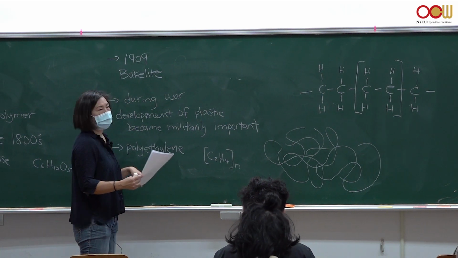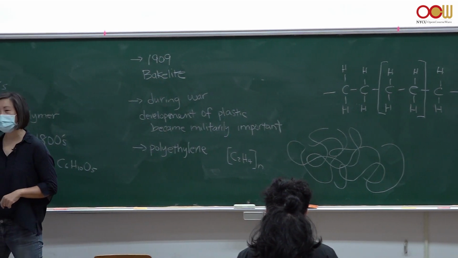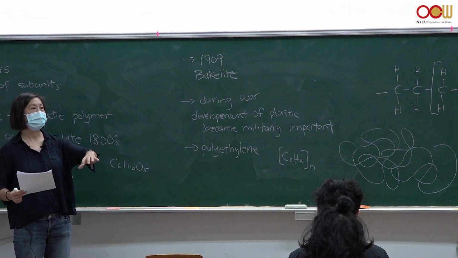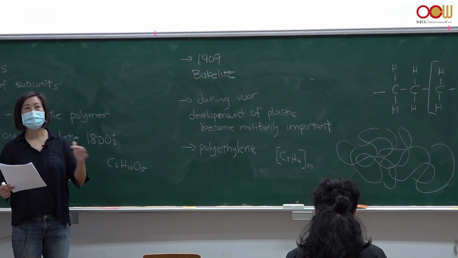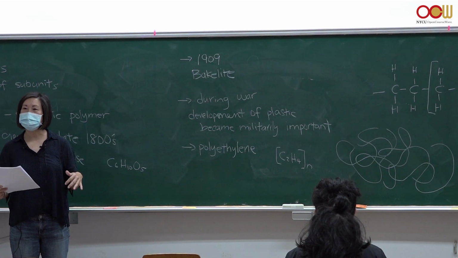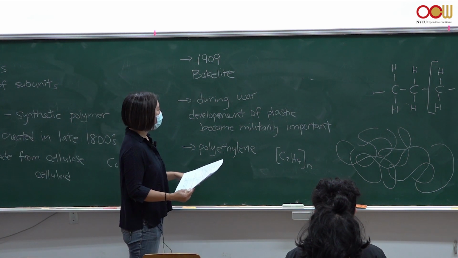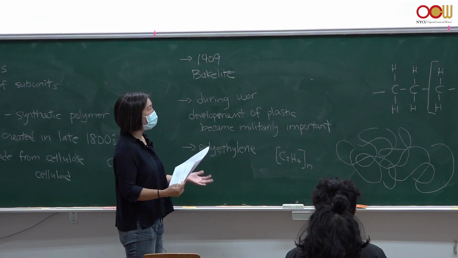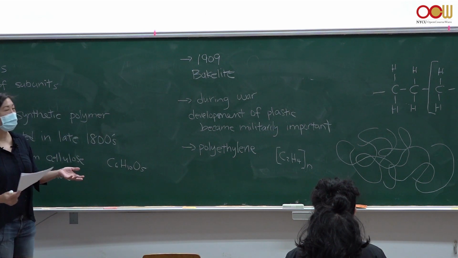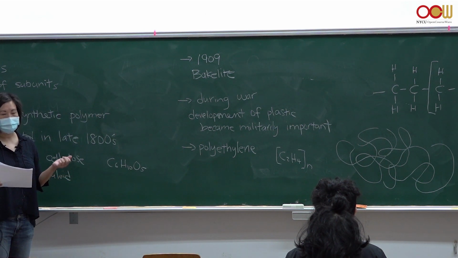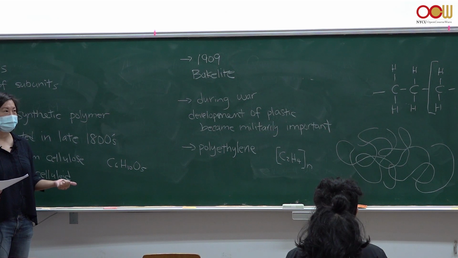Polyethylene was first developed as a radar shielding material. And it was highly guarded as a national secret how to make this because it was used in war. But then once it became public knowledge, it's used in almost everything. So your plastic bags are made of polyethylene.